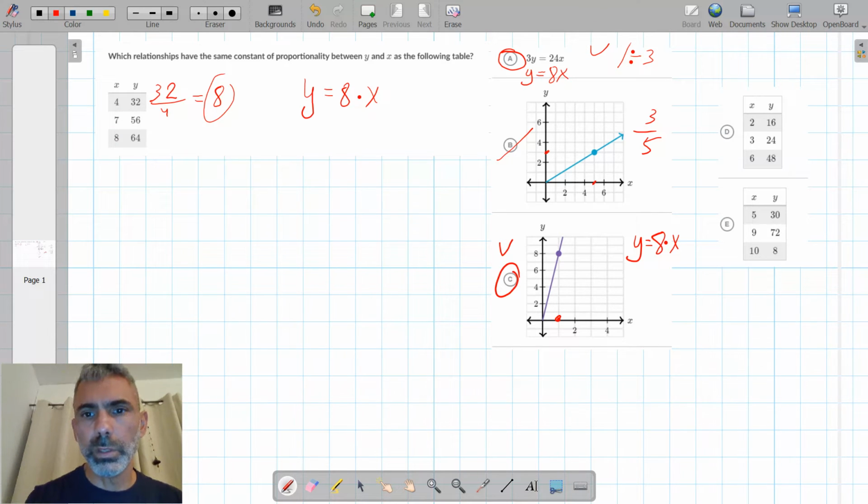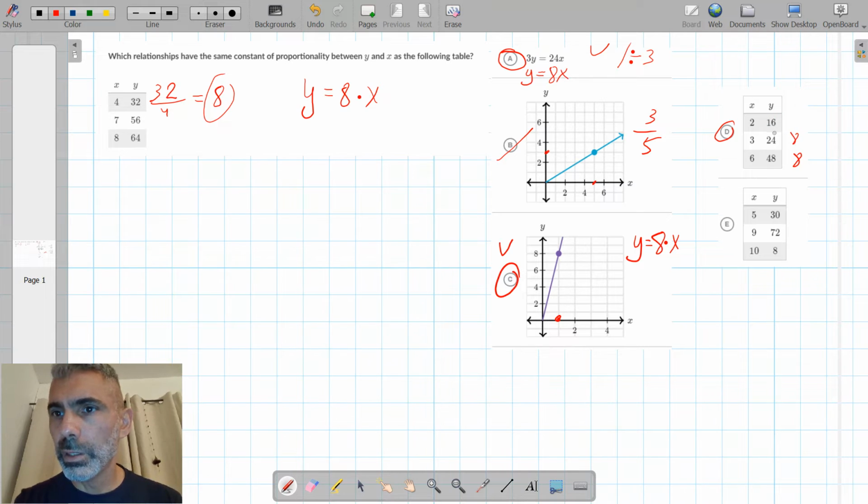So A is good and C is good. D is also good because 48 divided by 6 is 8, 24 divided by 3 is 8, and 16 divided by 2 is 8. So option D is also correct because y equals 8 times x. So the constant of proportionality here is also 8.